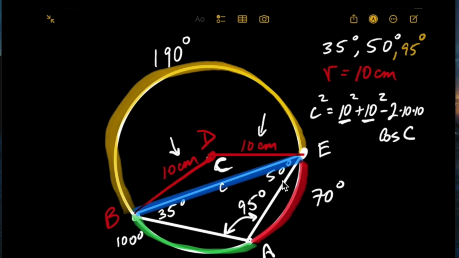Now, we have a problem here. We have two unknowns. We have C, the length we're trying to find, and we have big C, the angle. However, we know what that angle is.